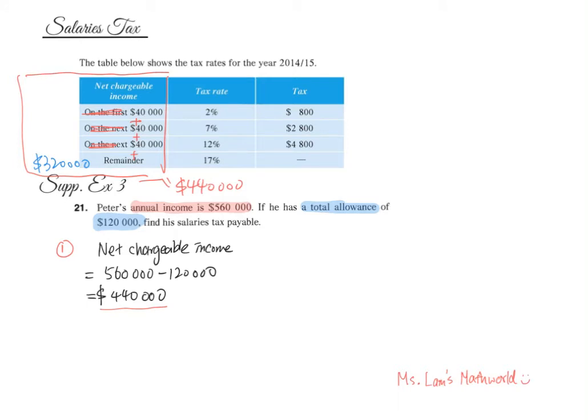It's very convenient because it helps you to multiply and get the value already. For this remainder, we need to check also. So we do it by writing 4 parts for the salaries tax payable.